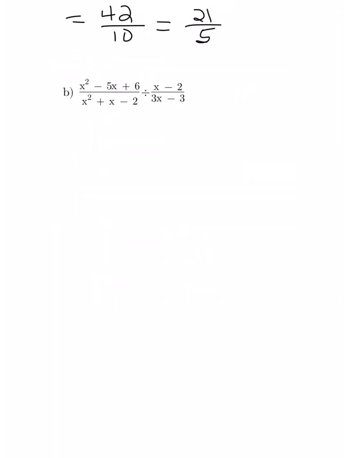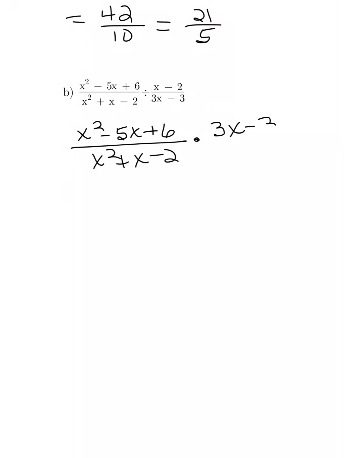On the next example, the first fraction is going to stay the same. We are going to change to multiplication and flip over the second fraction. So it will become 3x minus 3 over x minus 2. In looking at that first fraction, we're going to have all kinds of factoring happening here.